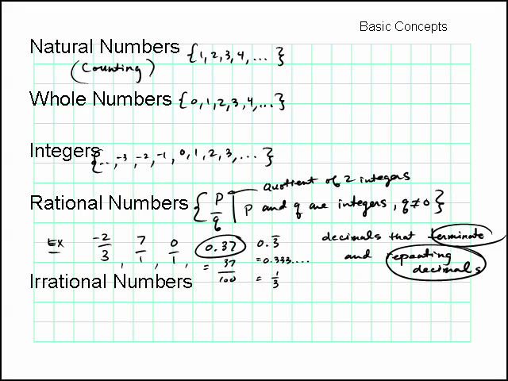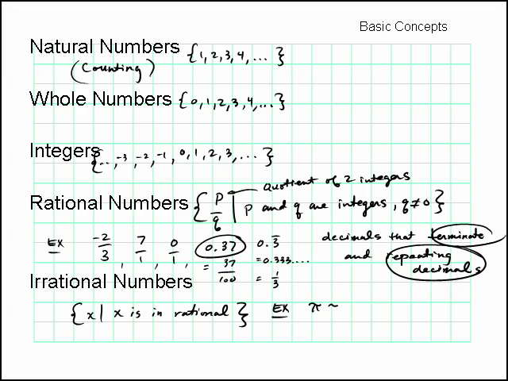Now, what does that leave us here? Well, irrational numbers are all the numbers x such that x is not rational. There are some numbers that you just can't write as the quotient of two integers, and I guess the most famous one is probably the number pi.